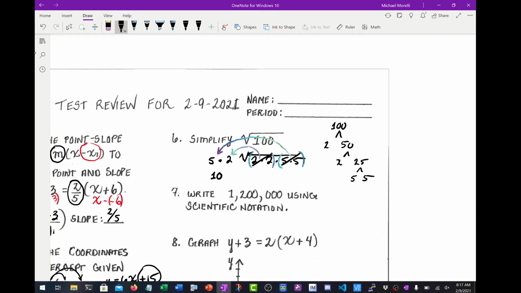So the simplified root is just 10. You get rid of the square root entirely. That would be the answer to that problem. Obviously, if you knew your square roots, you would know that 100 was the perfect square of 10. But if you didn't know that, then you would prime factor and simplify it like I just showed you.